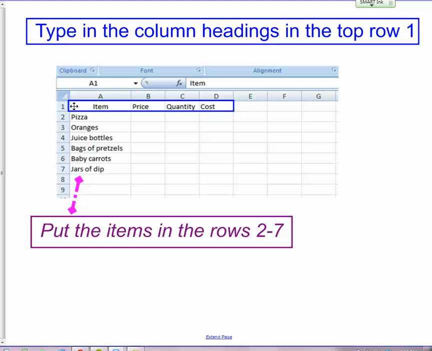And then you logged into your laptop and opened up Excel, and we started a worksheet. So we first put in cells A1, B1, C1, and D1 the categories of the labels. So these are going to be the items in column A, the prices in column B, the quantity of them, and the costs in column D. And then in row 2 we put pizza, row 3 oranges, row 4 juice bottles, row 5 pretzels, row 6 carrots, and row 7 jars of dip.